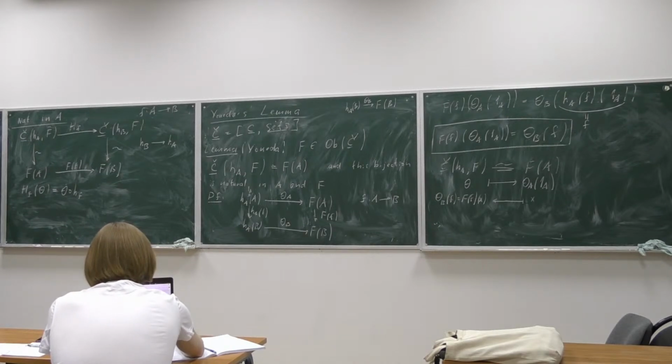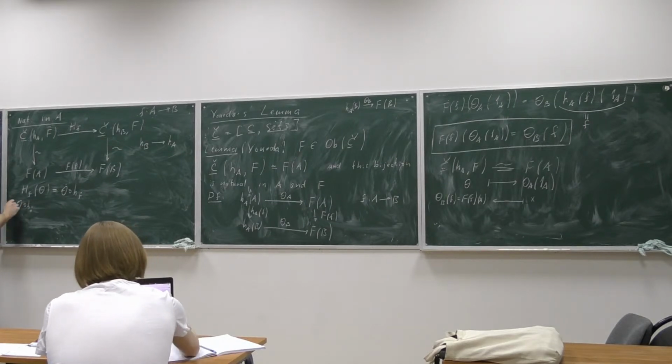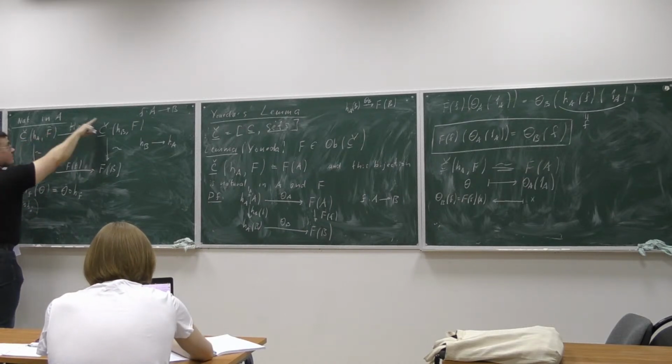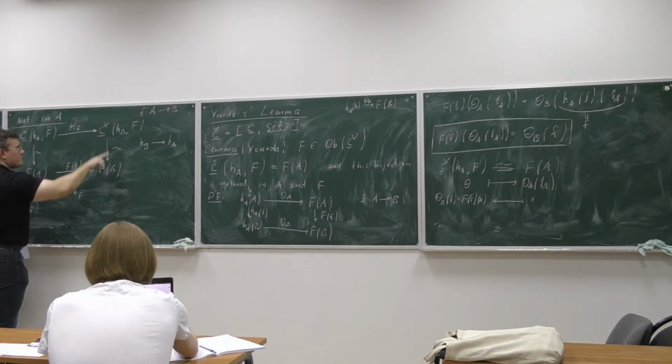Okay. So we need to check that this diagram is commutative. So let's compute composition of the theta and HF. Namely, I'm going from the top left to the bottom right first. So, well, from the top left to the top right, and then from the top right to the bottom right.